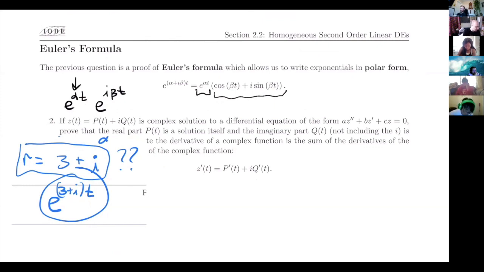And so using the bullet above, we might think that one solution might be something that looks like y is equal to e to the 3t times cosine. In this case, my beta value is 1, since I have 1 times i.